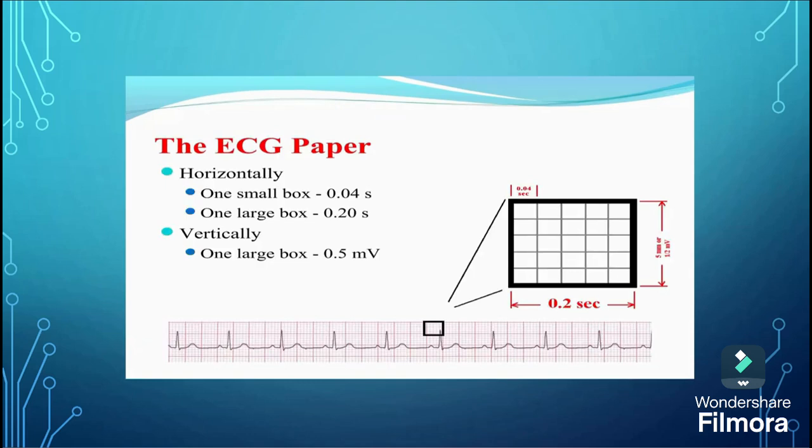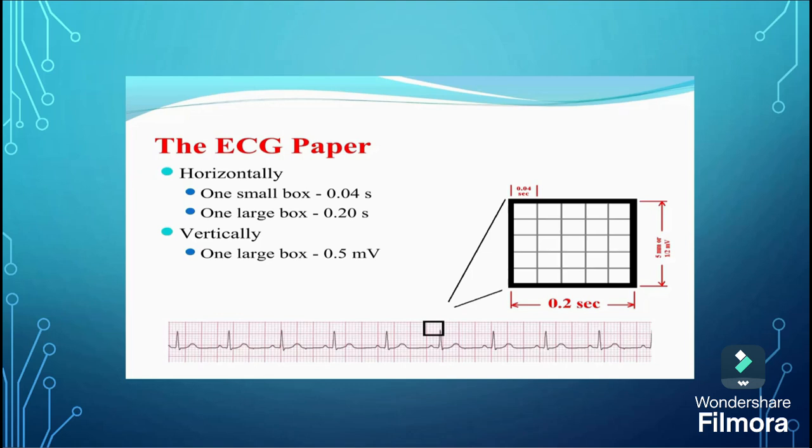Now the ECG paper. If you see this ECG paper, I have magnified a small square into a large square. Horizontally, one small box is equal to 0.04 seconds, and one large box is equal to 0.2 seconds.